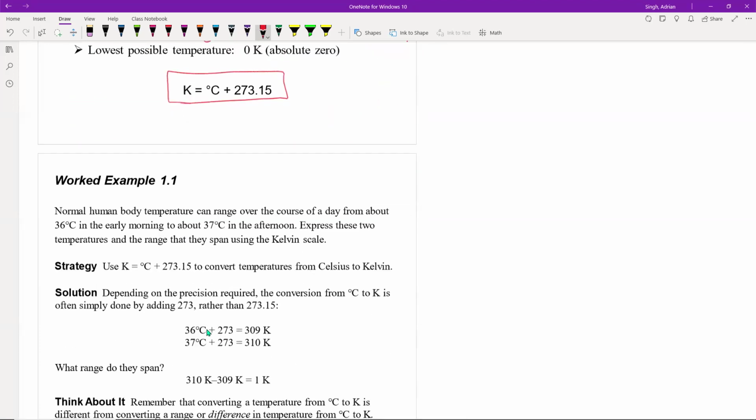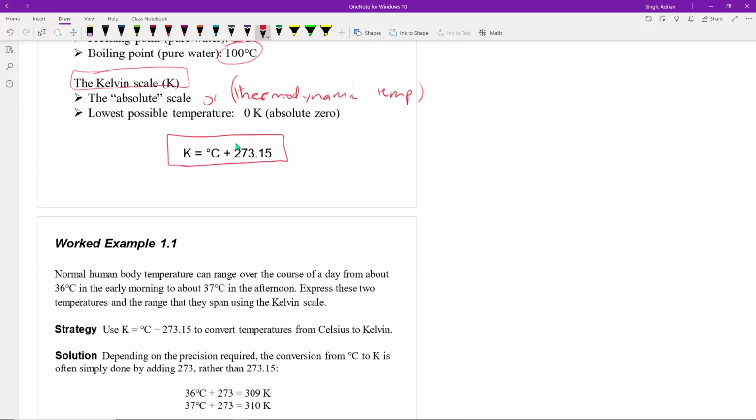So going back and forth between Celsius and Kelvin, a fairly straightforward calculation that we can do. If we want to go in the opposite direction, from Kelvin to Celsius, for instance, then if we rearrange our equation, we can see that degrees Celsius would be equal to the Kelvin temperature minus 273.15.